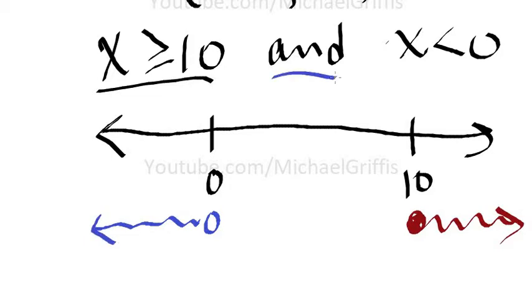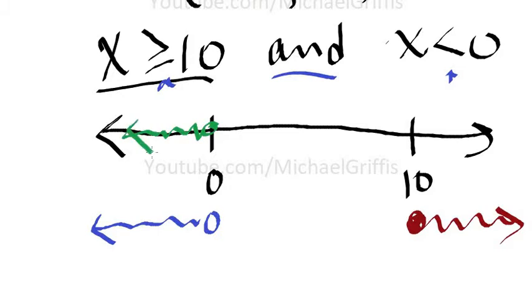Now, we're using the word "and". "And" means it's got to satisfy both this inequality and this one. Well, there aren't any numbers that you can pick that will satisfy both of these.